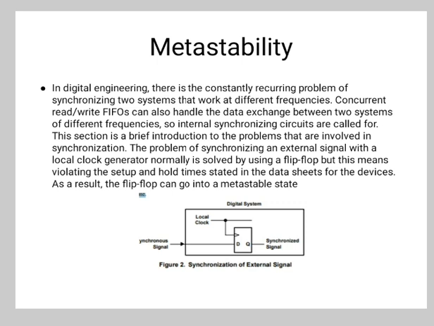The metastable state exists between the two valid digital logic states. Theoretically there are two stable states, but a third state may exist practically. The third state is called the metastable state.